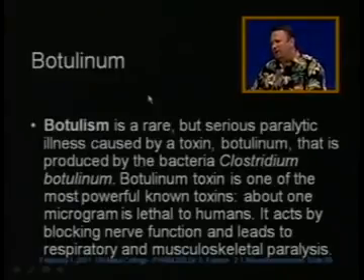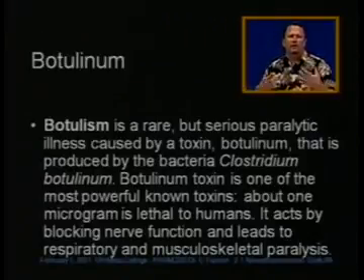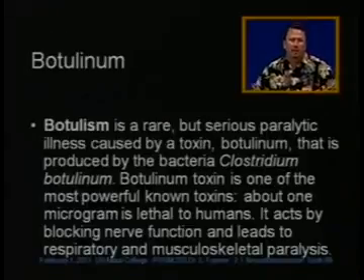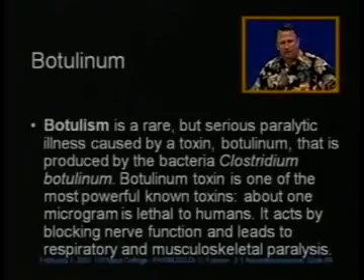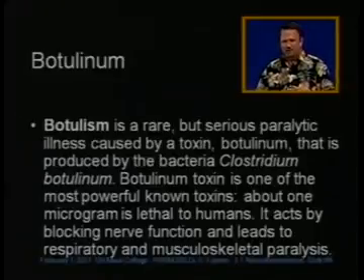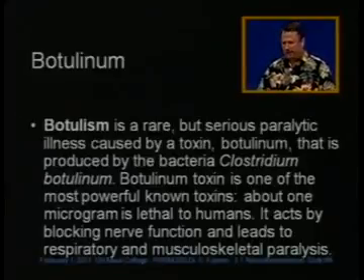It's a rare but serious paralytic illness caused by a toxin. That makes sense. We use acetylcholine to drive our respiratory muscles. Our voluntary respiratory muscles are controlled by acetylcholine, and botulinum toxin will prevent the acetylcholine from being released. And so when we suffer from botulism, it causes paralysis and causes us to not be able to breathe.